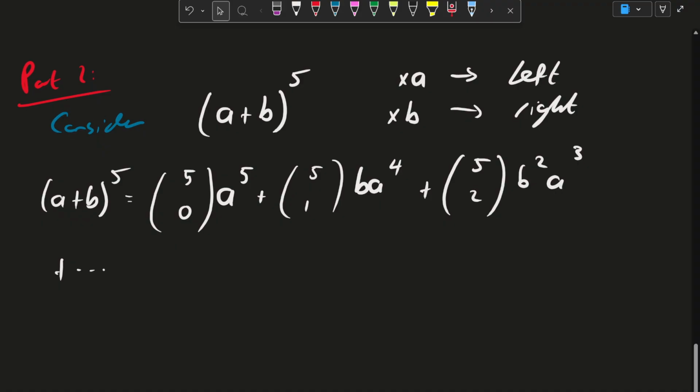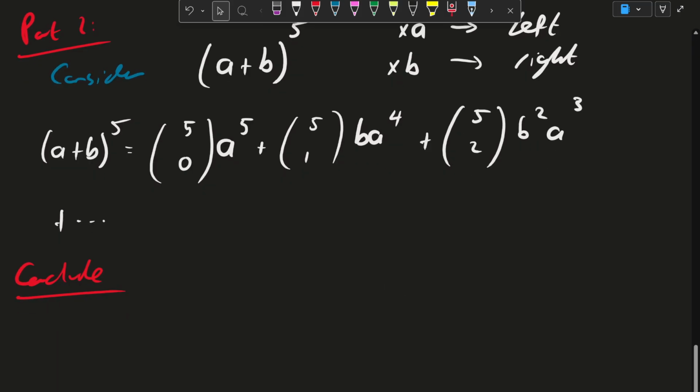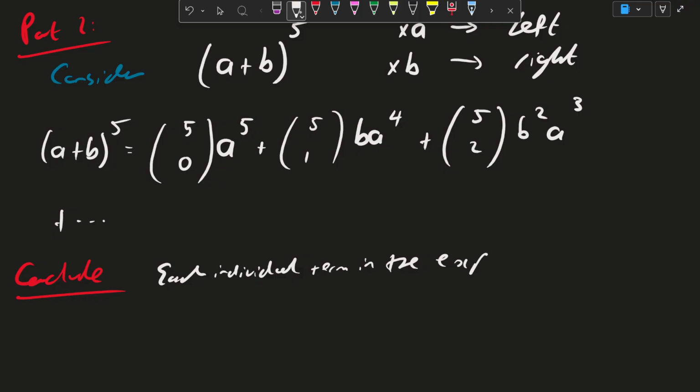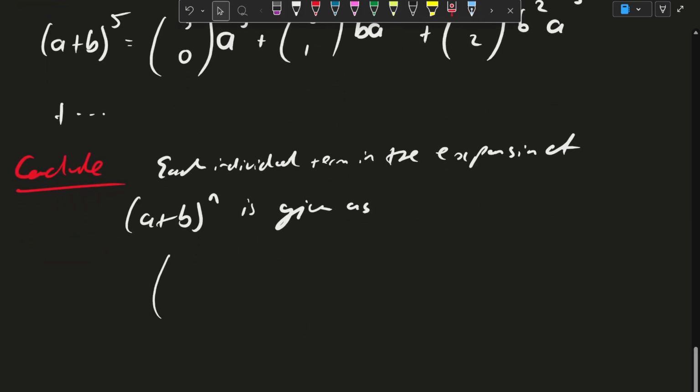So what we can say is that each individual term in the expansion of, say, a plus b to the power of n is given as the following. n choose r multiplied by b to the power of r, the amount of times you want to move to the right, times a to the power of n minus r, the amount of times you want to move to the left.